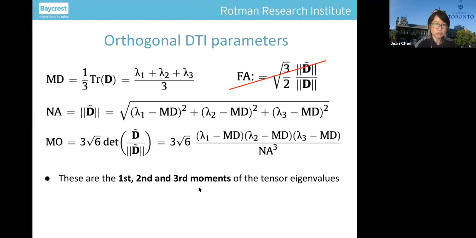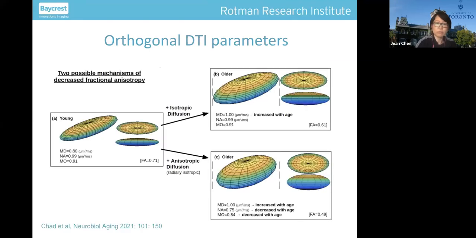So they form a complete triplet. Now, to illustrate what the mode represents, the rule of thumb is that the mode increases if the tensor is more linear. It's a little bit harder to visualize perhaps, but here's an example of how these three variables can covary to create different resulting observed FA values. Remember, FA is the parameter that we're saying is perhaps biased.